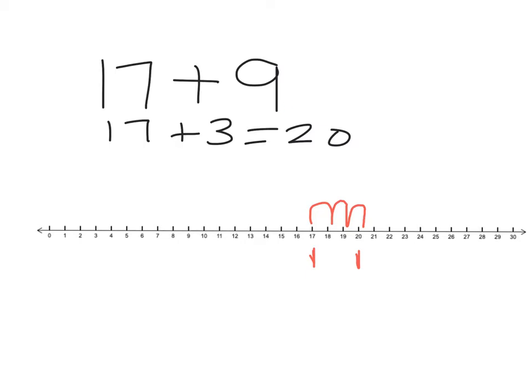So I need to think of 3 plus how many more will give me 9. From my basic facts, I know that 3 and 6 will give me 9. So I need to do 6 more jumps. 1, 2, 3, 4, 5, 6.